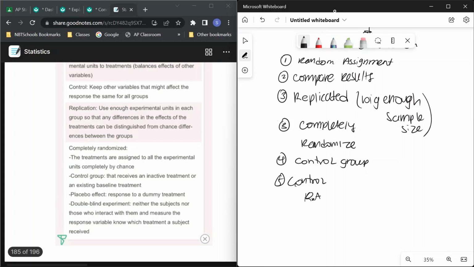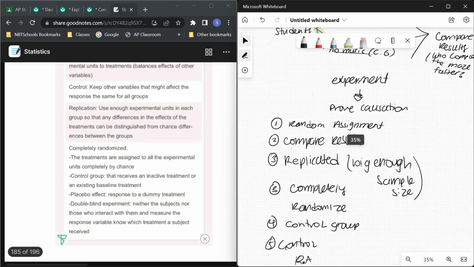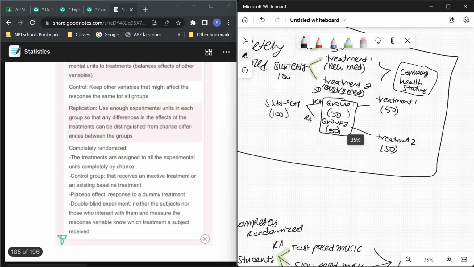So if you have an experiment that they're telling you to design, and you have the choice to design it, you might want to look at any possible confounding variables. Let's look at one of those block designs we did.